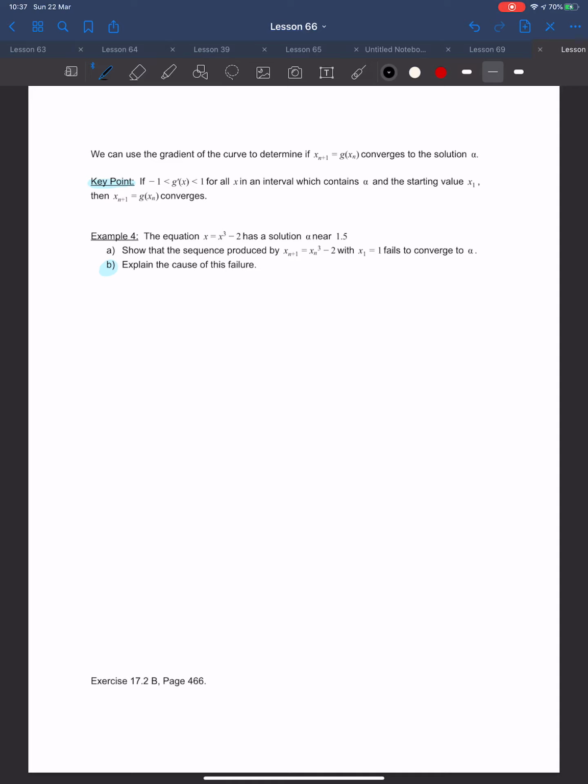Right, so x n plus 1 is x n cubed minus 2. x1 is 1.5, x2 is 1.5 cubed minus 2. This is a different question from the book again, so I'll do this on a calculator, it's not the same.